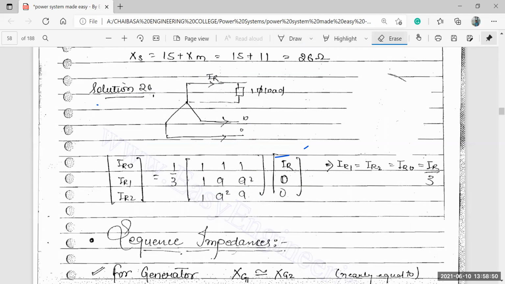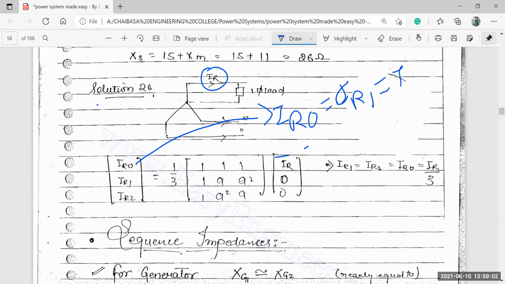As the current value is IR only and there is no numeric data given, we could sense that IR0 equals IR1 equals IR2.